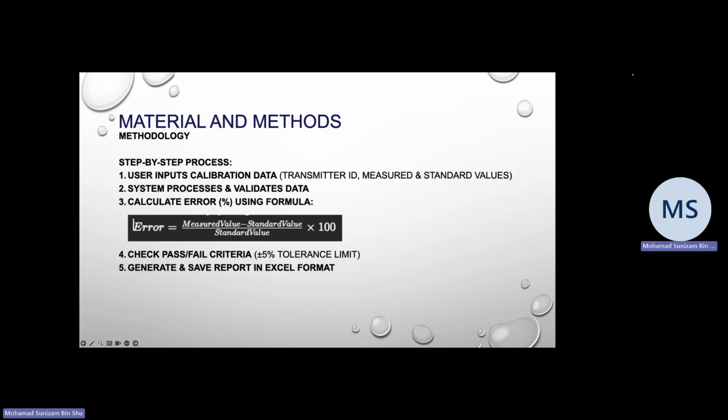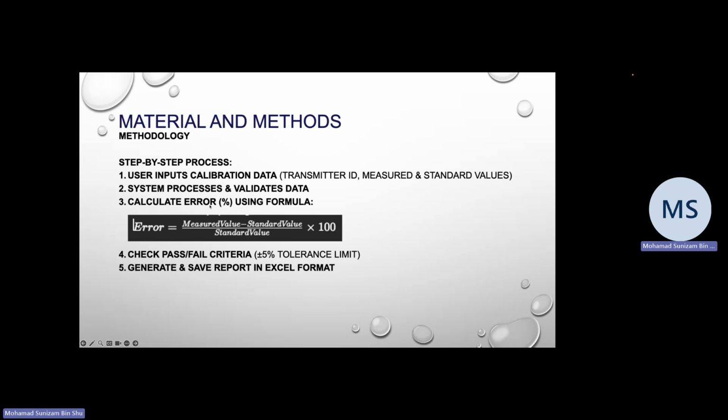So methodology, step-by-step process. I am using existing data that I got from my colleagues from offshore. Number one, the user inputs calibration data, such as transmitter ID, measured and standard values. Number two, the system processes and validates the data.